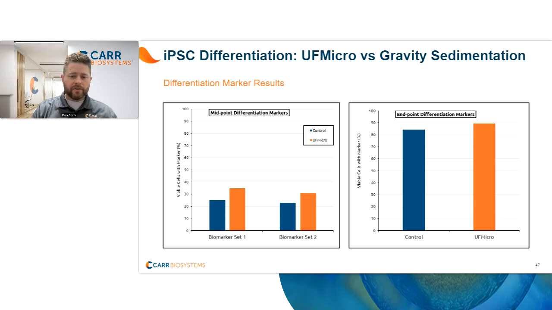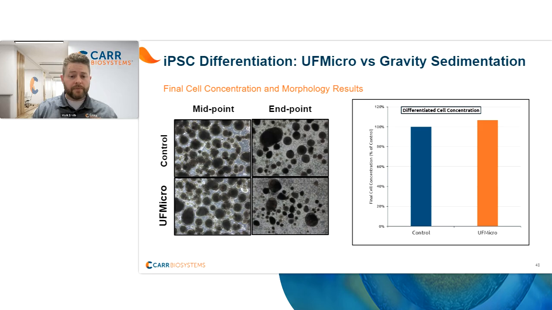Again, the UF Micro showed as good or better than the control in terms of viable cells with the desired markers. And when we looked at morphology at midpoint and endpoint, comparing the control to the UF Micro, we can see that in both cases, the morphology looked equivalent. Ultimately, what they were looking for was final differentiated cell concentration. And again, the UF Micro performed comparably or better than the control.